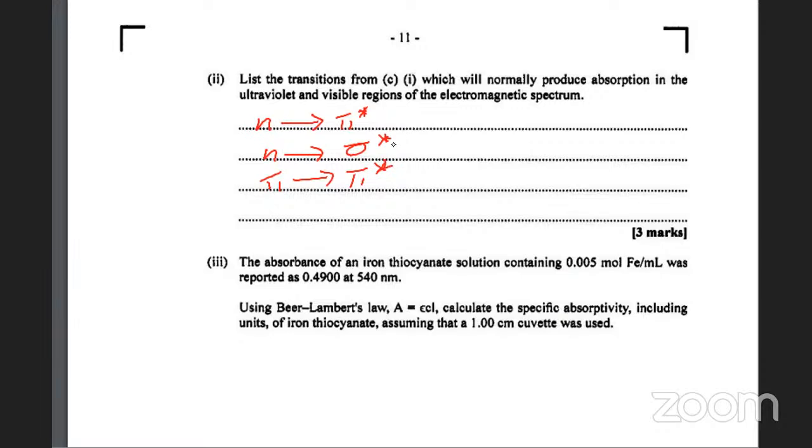In terms of calculation for UV-Vis, as you should know, it is the Beer-Lambert law: A is equal to ECL.